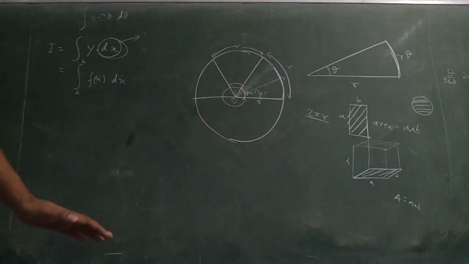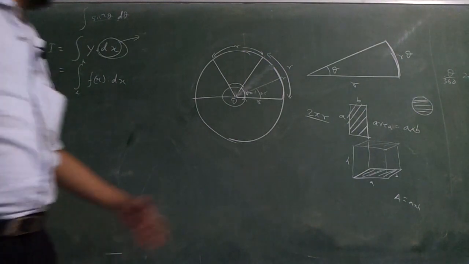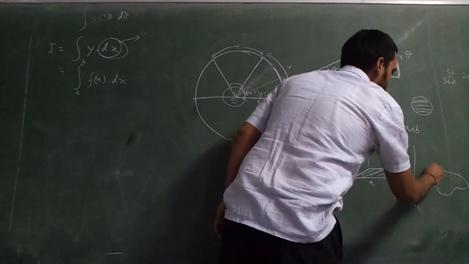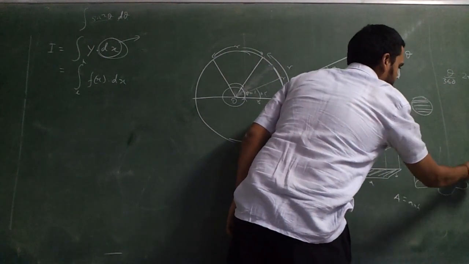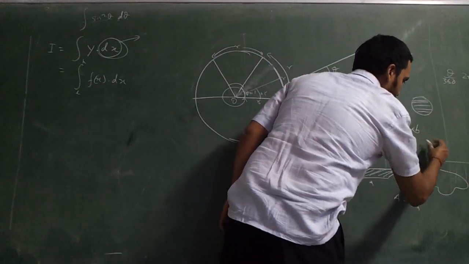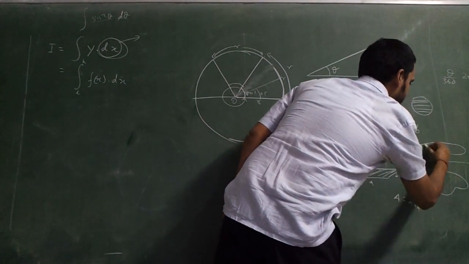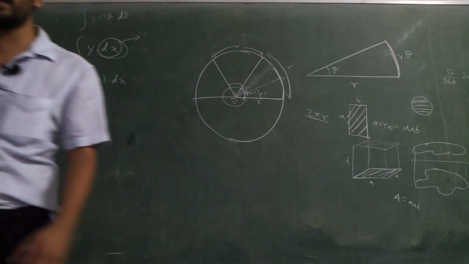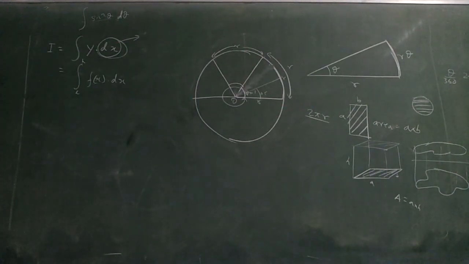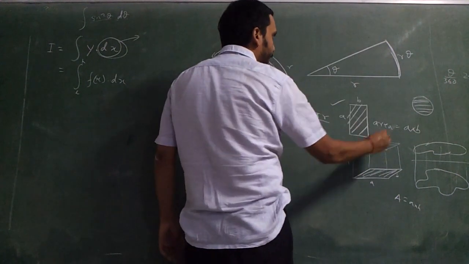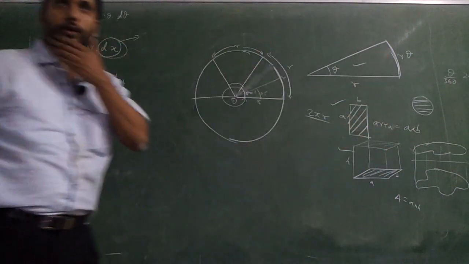So if the base area was any shape, but the height goes in the same shape, and any cross section is the same shape, then what is the volume? Base area into the height. So these basic things we are going to use. This you already know; this is what is new to you.